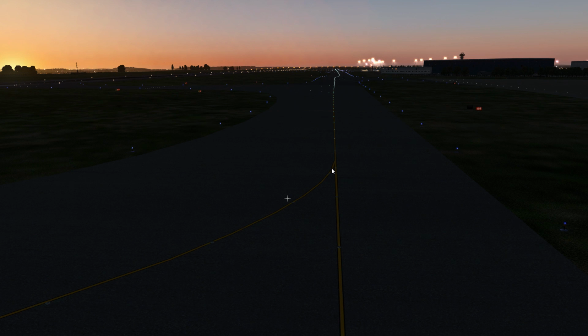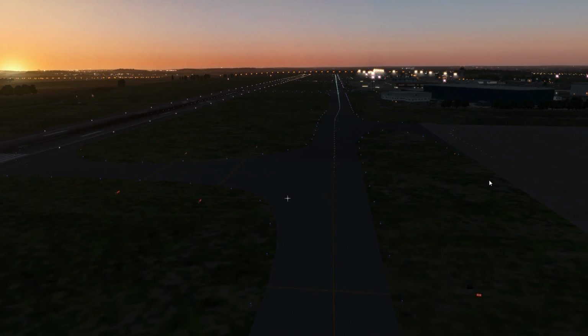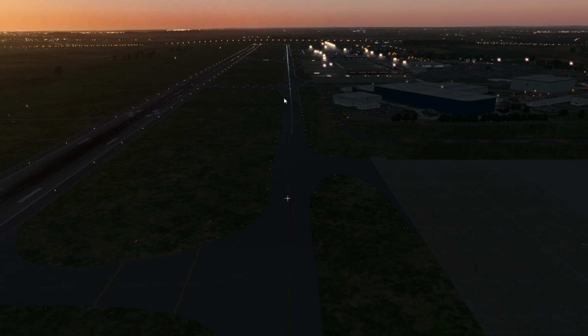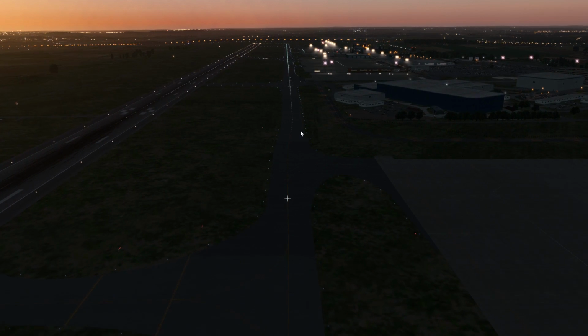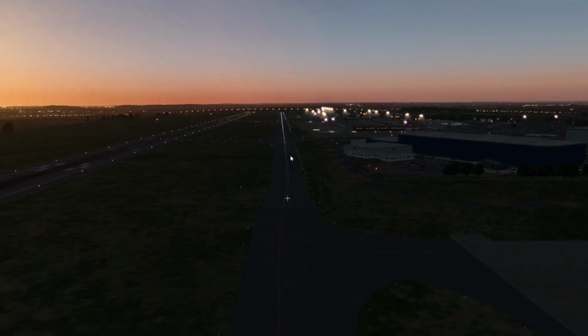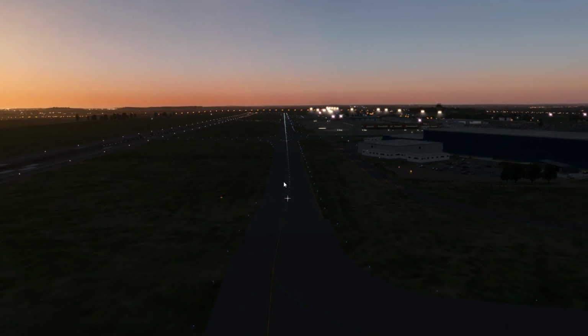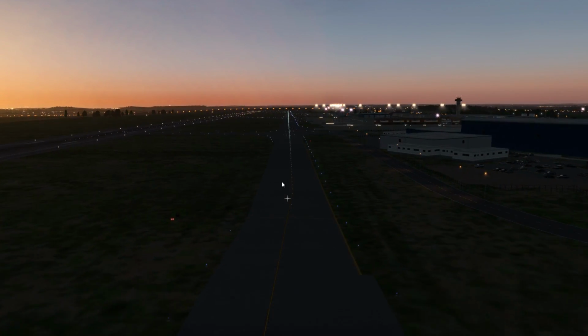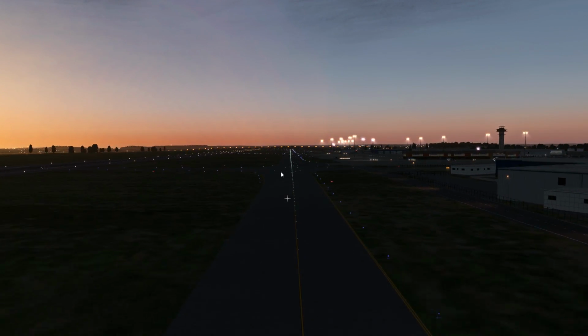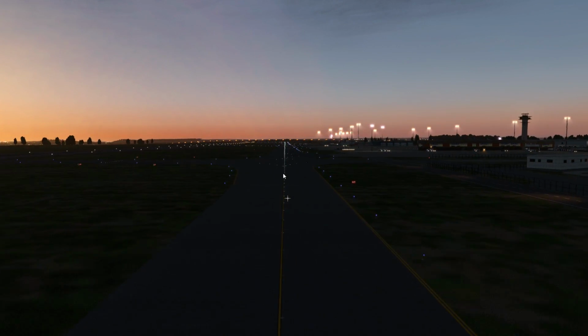So if there was a crossing straight across here, let's say, or like that one over there, you'd have 1, 2, 3 lights there, 1, 2, 3 lights there. As a matter of fact, that is a holding point, isn't it? That may be a holding point right there anyway. I could see a holding point. Alpha 4, maybe? Alpha 5? That is Alpha... Oh, Alpha 7.